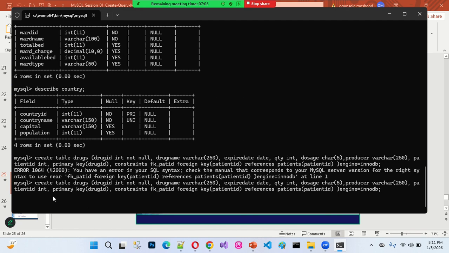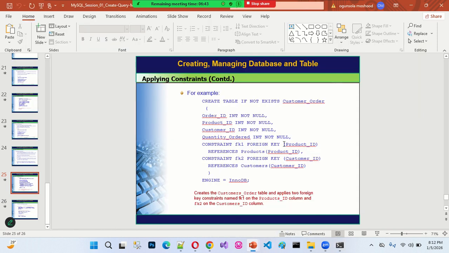Okay. Create table: drug ID, not null, drug name, expire date, quantity, dosage, yes, producer, yes. After that, patient ID, primary key, drug ID is okay. Constraint, did I need to use a comma for that constraint?